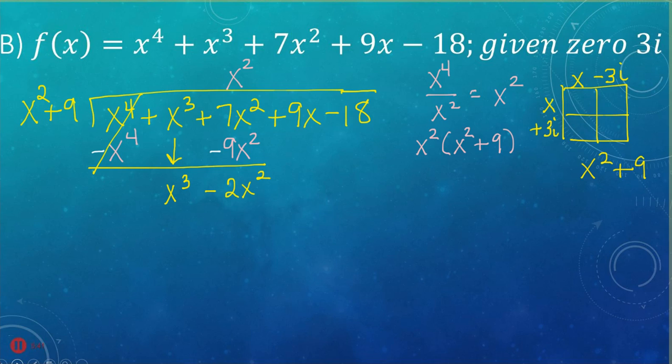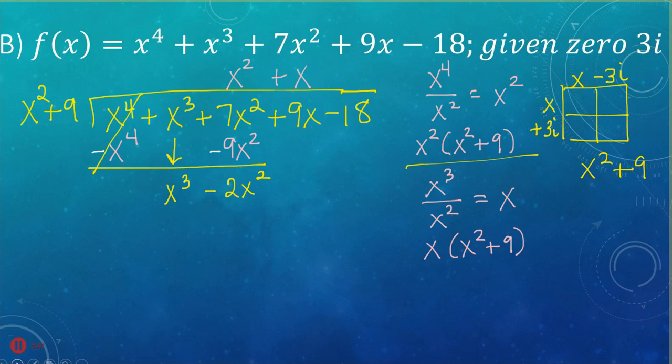So this time I'm going to divide x cubed by x squared. And that gives me x. And then I'm going to take that x and multiply it again by x squared plus 9. Line up your like terms.